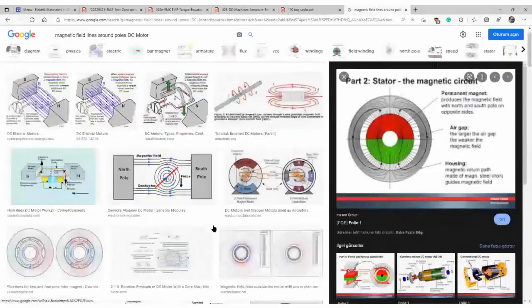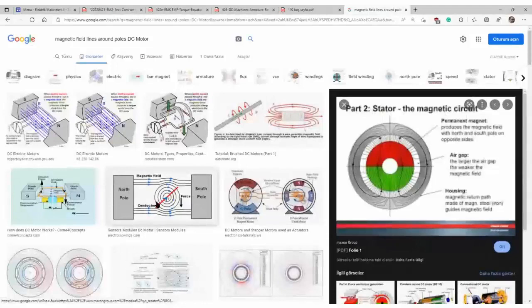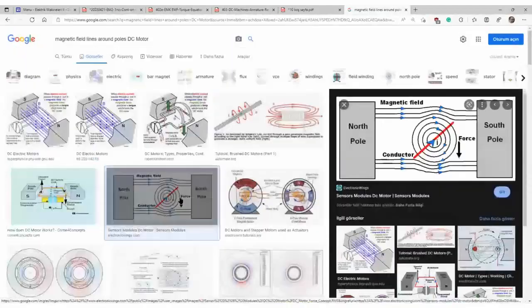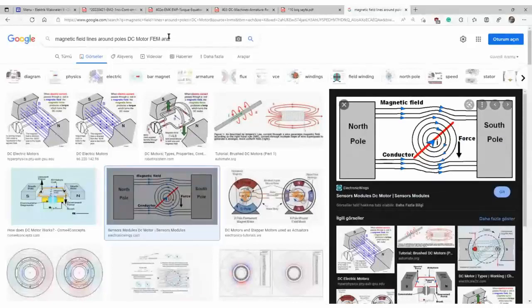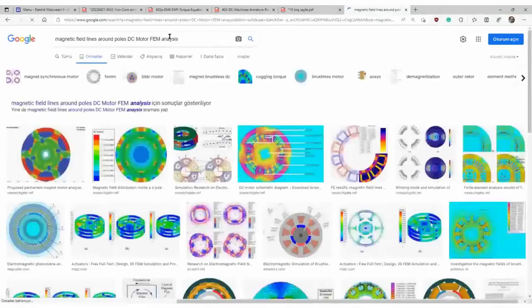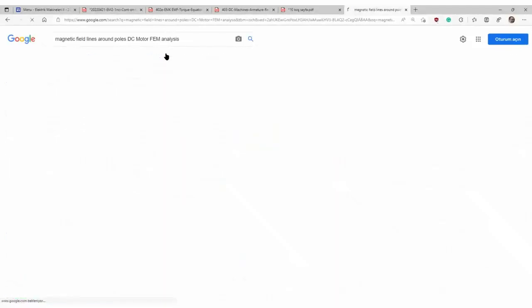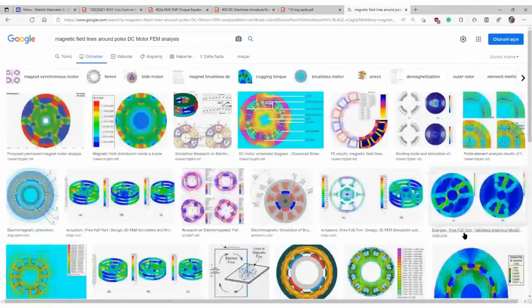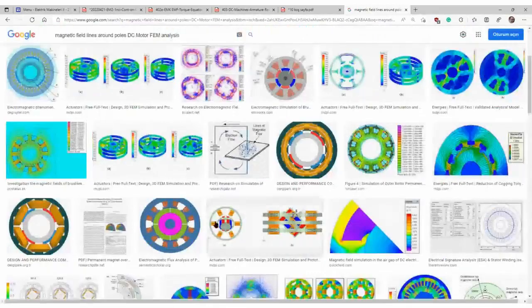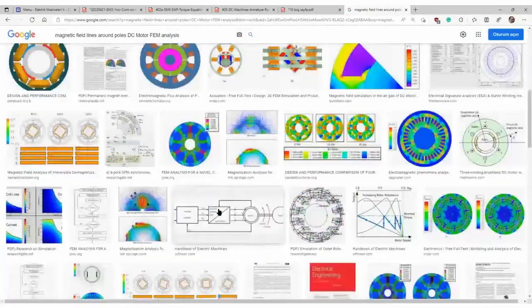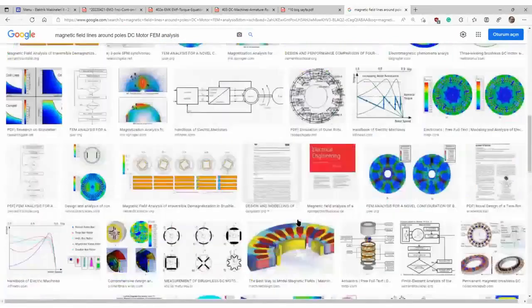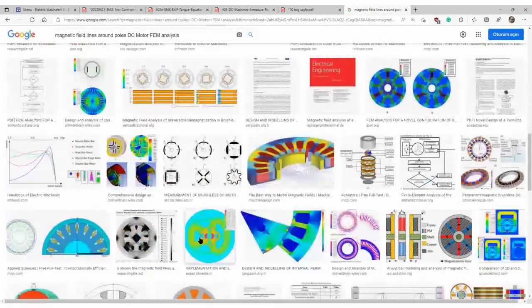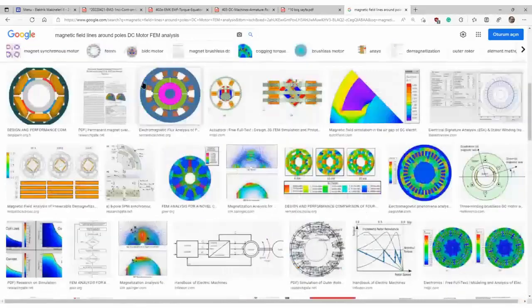Okay, let me make it more precise. Some analysis. Okay, DC motor.